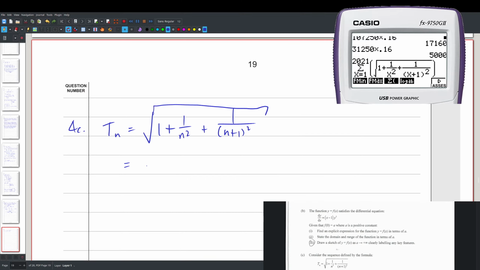You just let that run for a while. This calculator is OC'd, so if you run it on your own calculator, it might take a bit longer, but basically you just get the answer, bro. And then you can square it if you want, and then you just get the quote unquote exact value. This is like 2021 squared plus 2 times 2021 minus 1 probably, yeah.